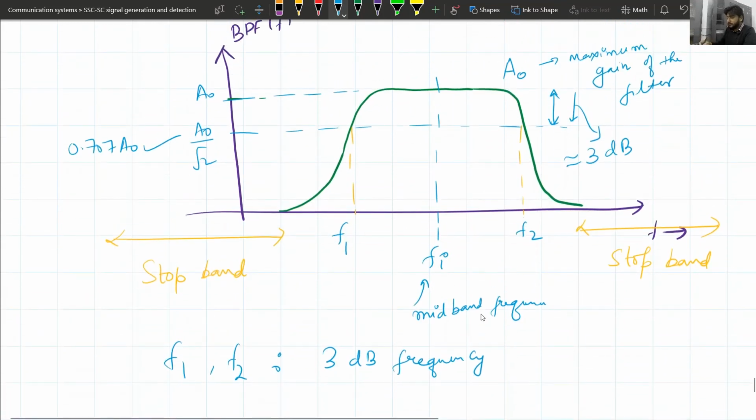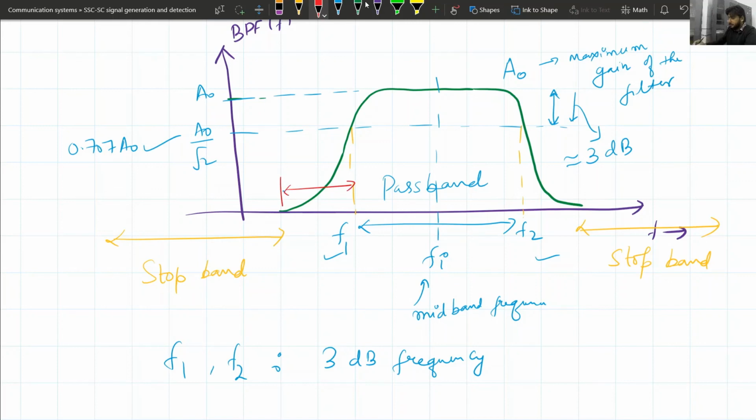That is why these frequencies F1 and F2 are called the 3 dB frequencies. The region between F1 and F2 is known as the pass band. And the region in between the stop band and the pass band is called the transition band.